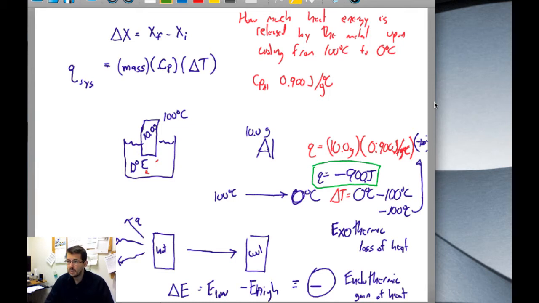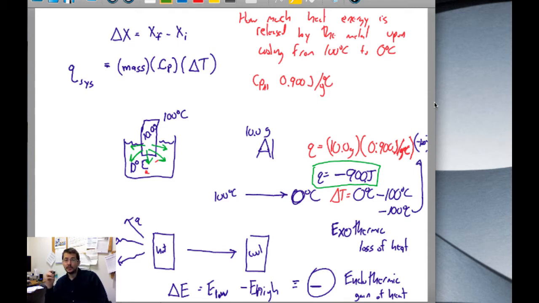The real question is, where does that energy go? Well, if you're paying attention, you know that it goes into the water. And so, when heat, energy, Q, is absorbed by something else, it has a tendency to raise its temperature.